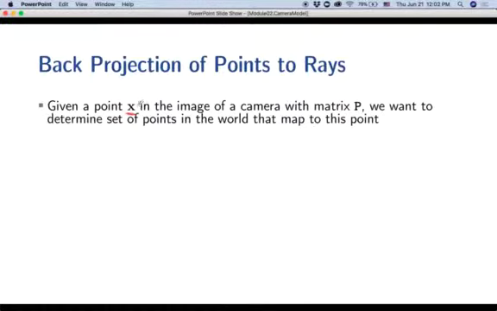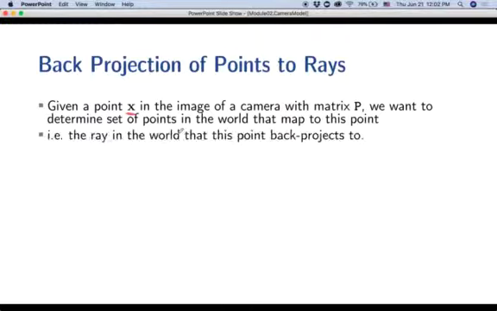Because the mapping is not unique as I go backwards, I want to find that set of points. That is, there will be a long ray in the world that this point back projects to. Let me draw the figure. So this is your camera center. You are given a point x here, so how do I compute this ray? It's supposed to be a straight line.